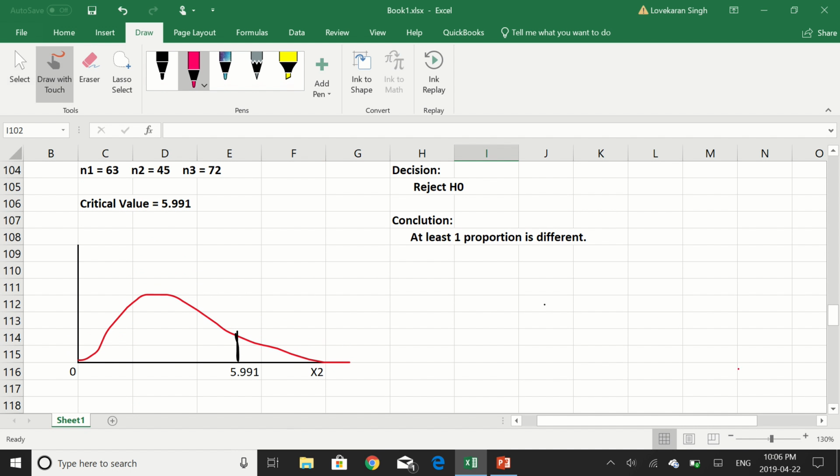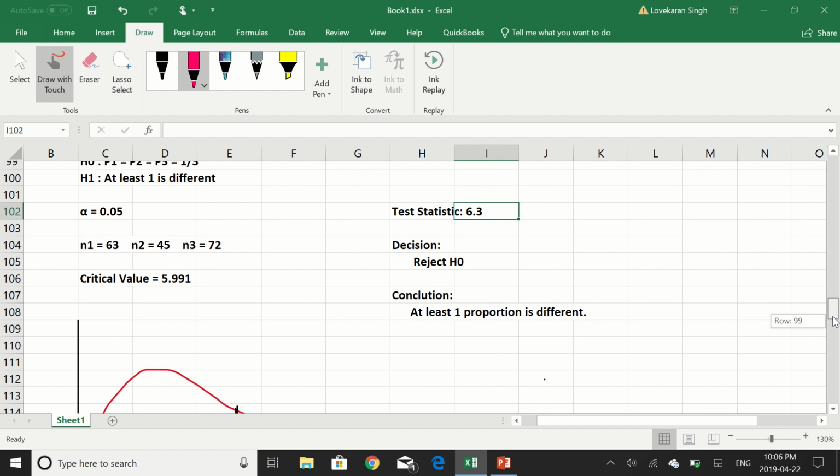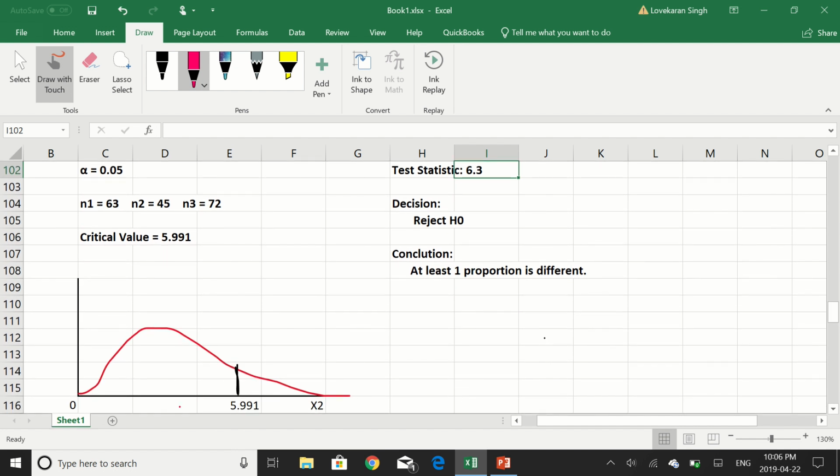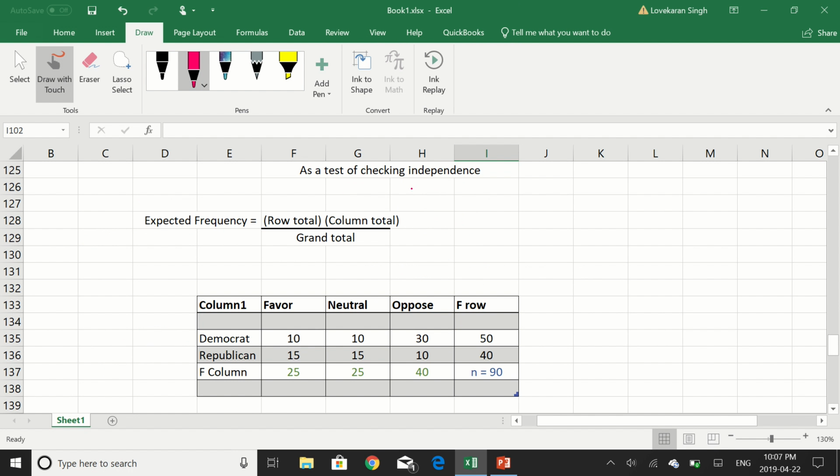As 6.3 lies in this area, greater than our critical value, we reject the null hypothesis. Our conclusion is that at least one proportion is different.